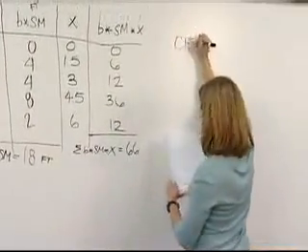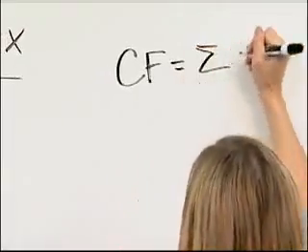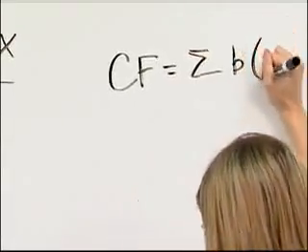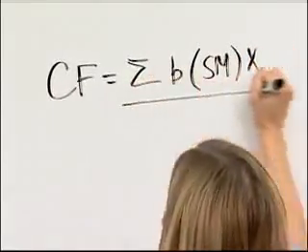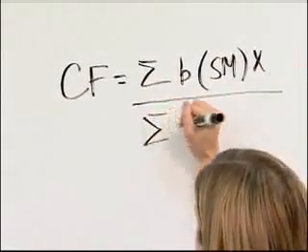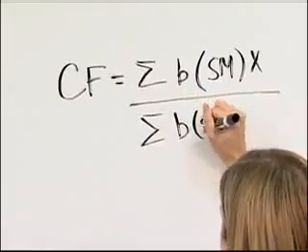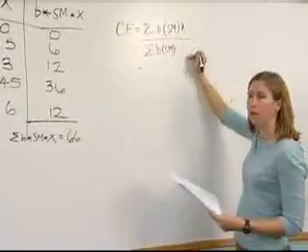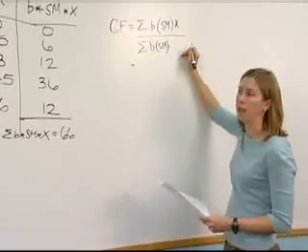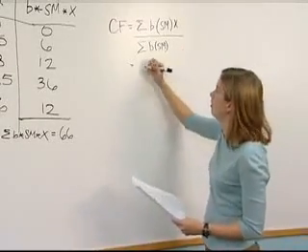So CF will equal summation of B times SM times X divided by the summation of B times SM. Fairly similar format as you've noticed before for calculating LCB and VCB.